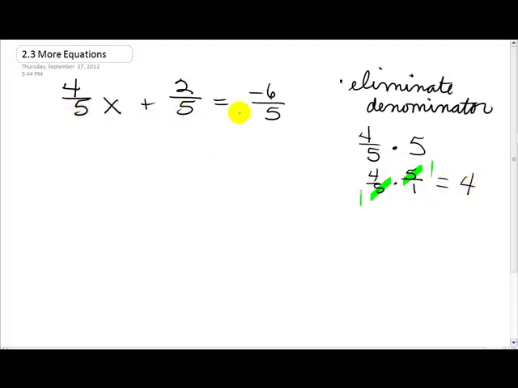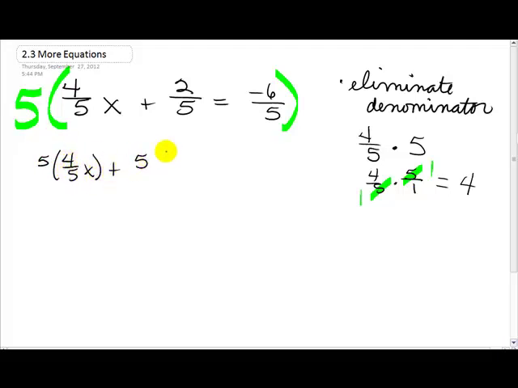I look at the denominator, and they could use a 5 as a common denominator, so I'm going to multiply everything here by 5. So I'm going to have 5 times 4/5 x plus 5 times 2/5 equals 5 times negative 6 over 5.